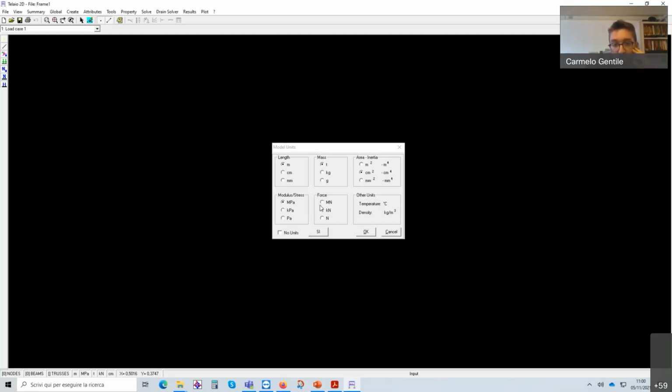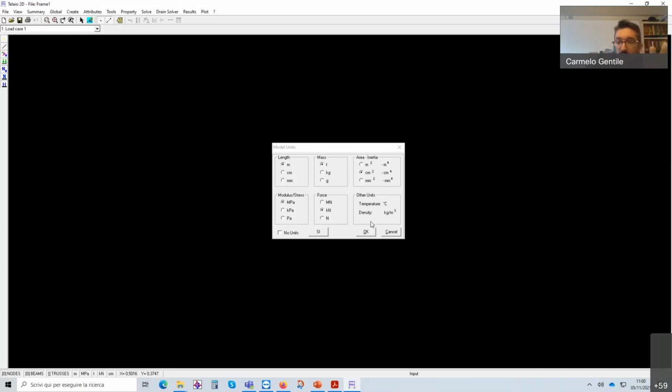Then force, it is a good idea to work with kilonewtons, because the Newton, you know how much a Newton is. If we have 1 kilogram of mass, since the force is mass times acceleration, the weight of that mass is 10 Newton, because we multiply the mass, 1 kilogram, times 10, let's say, meters over square seconds, which is the gravity acceleration.